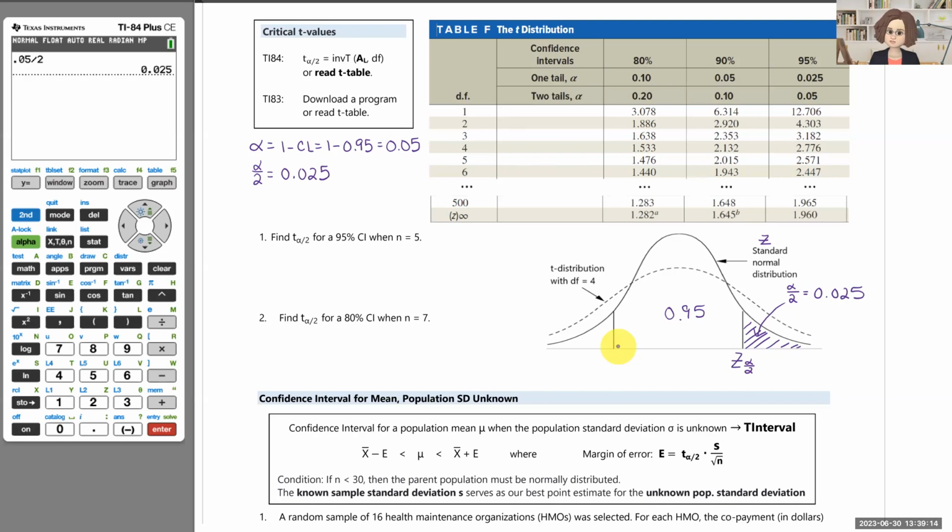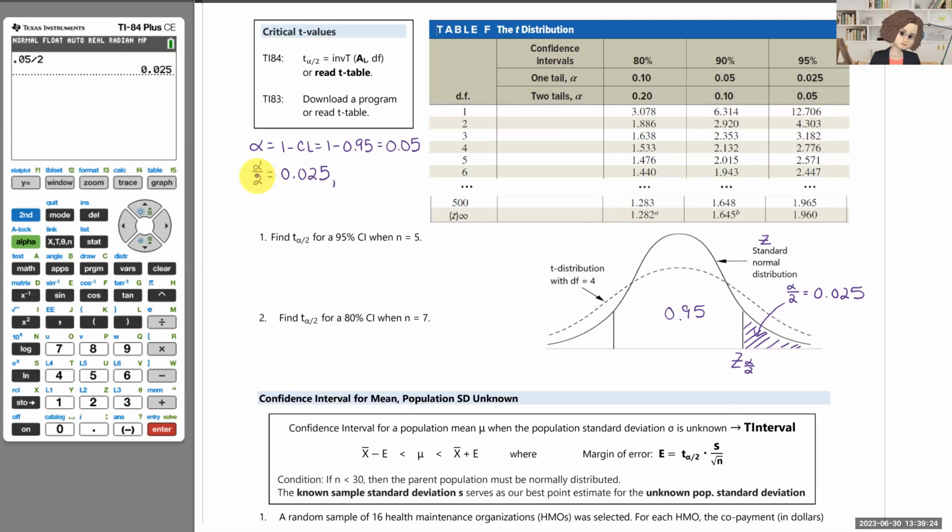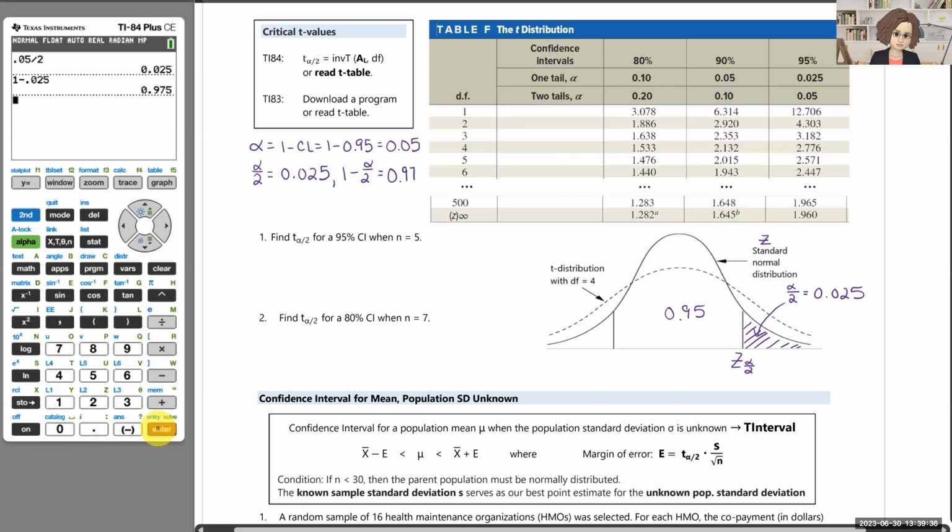All right, so one way to find that z-score is to inverse norm the area to its left. So that's why after we found alpha over 2, we found 1 minus that value. So 1 minus alpha over 2. So I'll do that on the calculator here. 1 minus 0.025 is 0.975.